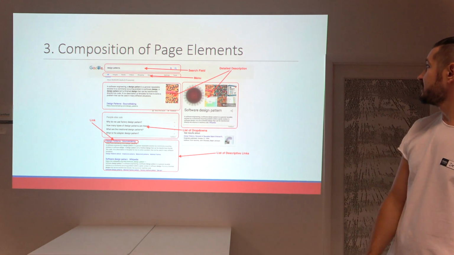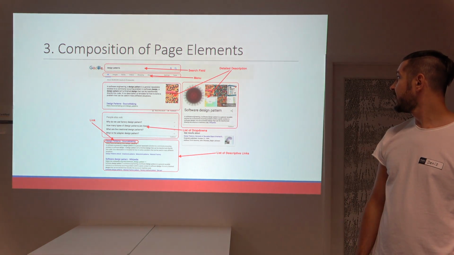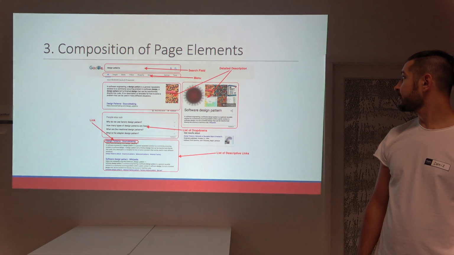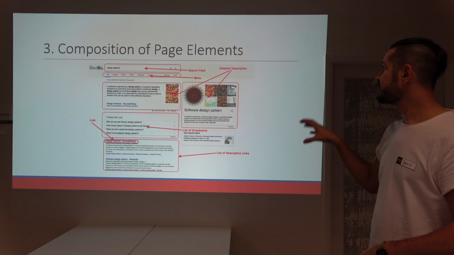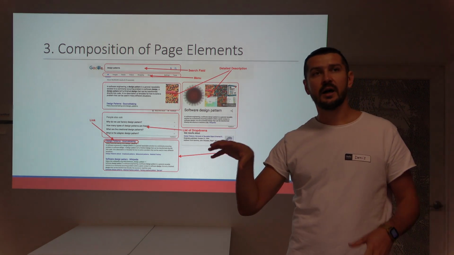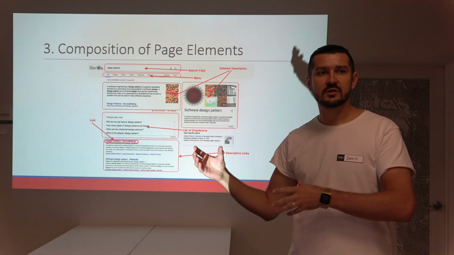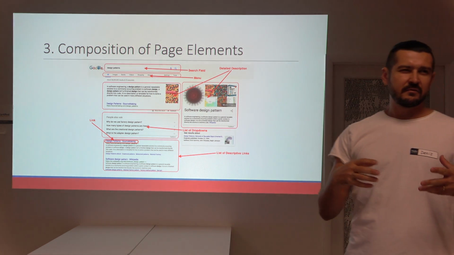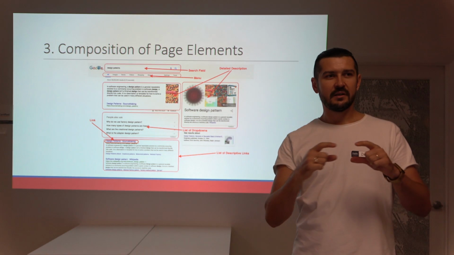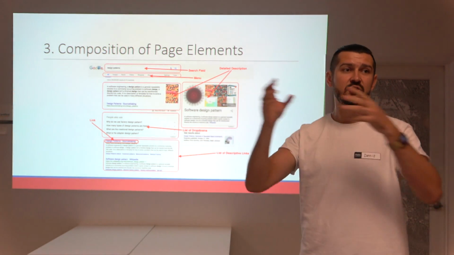So another one is composition of page elements. This is the example of how you can, also called widgets, right? So you can reuse some pieces, some larger elements of pages across the pages, for example. Those are not real pages, but widgets that can be on one page, on another page, and another page.